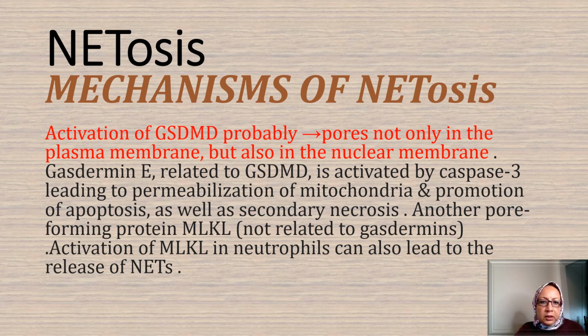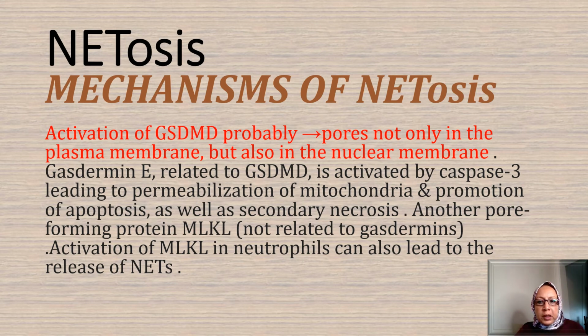Activation of gasdermin D probably will lead to the formation of pores not only in the plasma membrane but also in the nuclear membrane. There is another one which is called gasdermin E. This gasdermin E is activated by caspase 3 and will lead to increased permeability of the mitochondria and promotion of apoptosis as well as secondary necrosis.